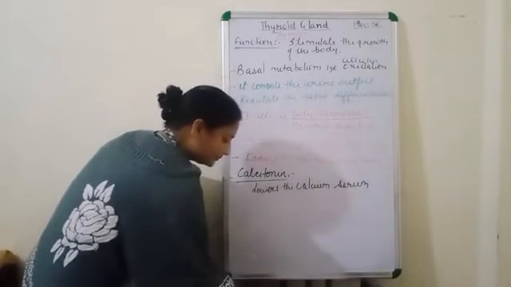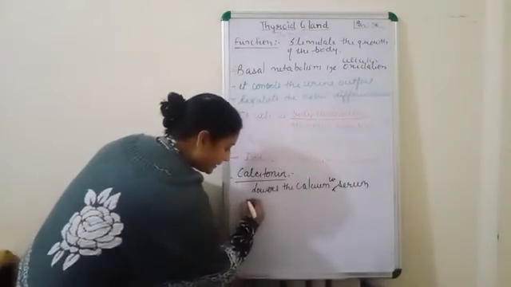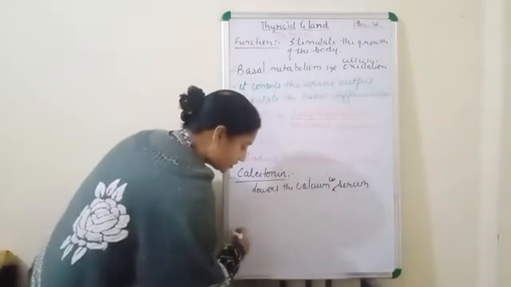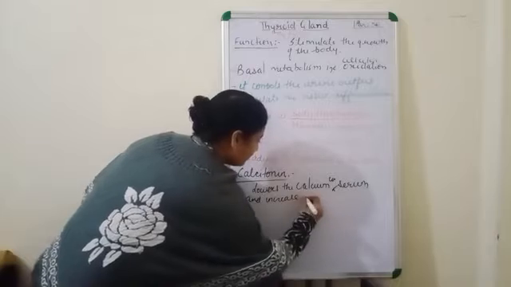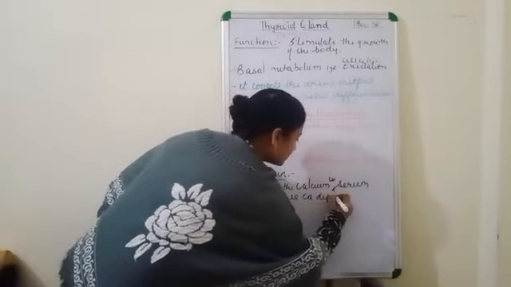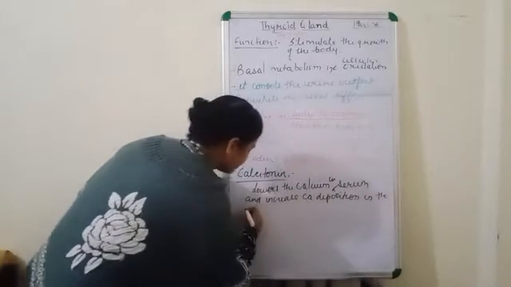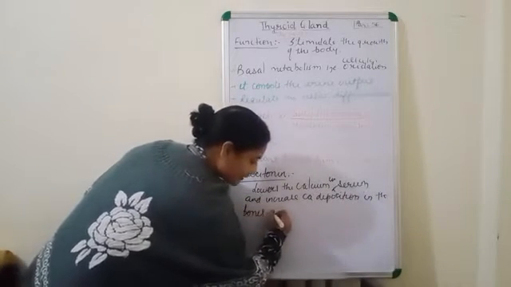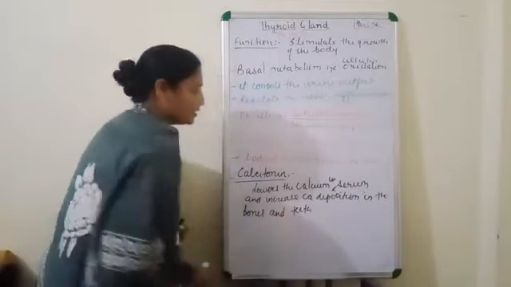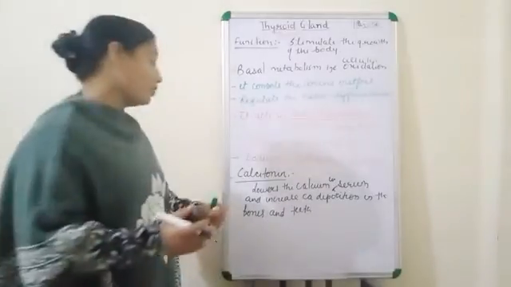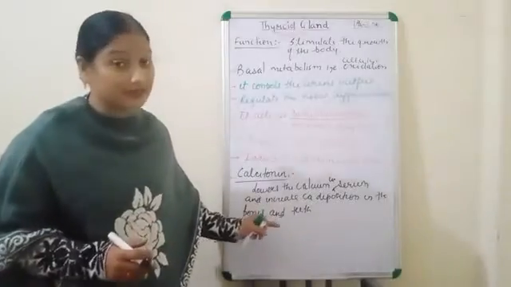Calcitonin lowers calcium in the serum and increases calcium deposition in the bones and teeth area, so that we can protect our body from osteoporosis, the disease of the bone.